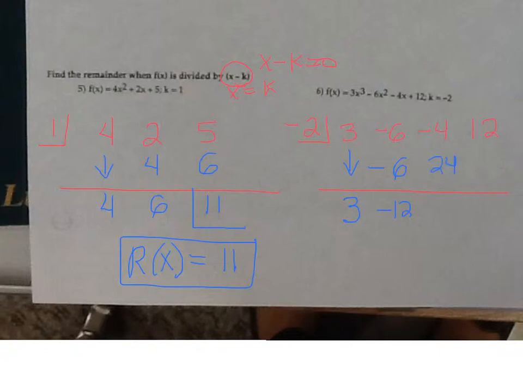And then positive 24 and -4 is 20, times -2 is -40. Put the little box indicating that that's going to be the remainder. 12 minus 40 is -28. So the remainder, r of x, is -28. And that's all they're asking here. So it's kind of easy, I hope.